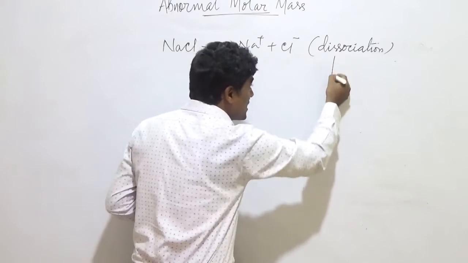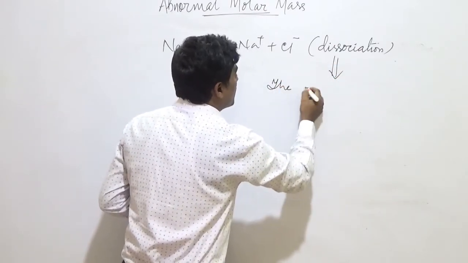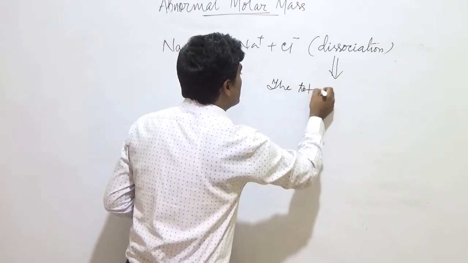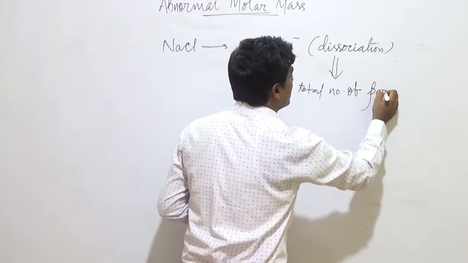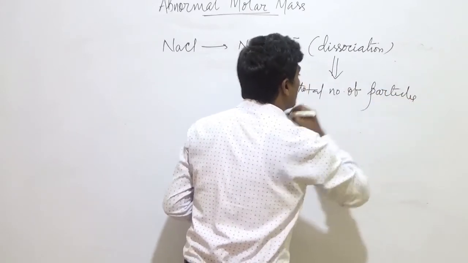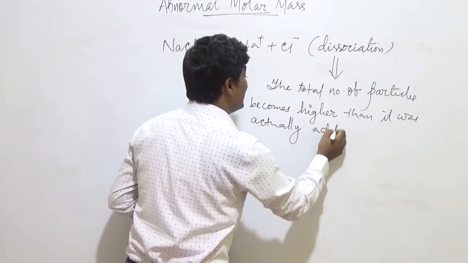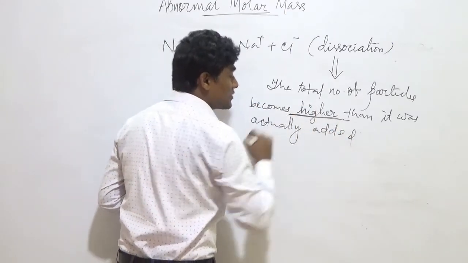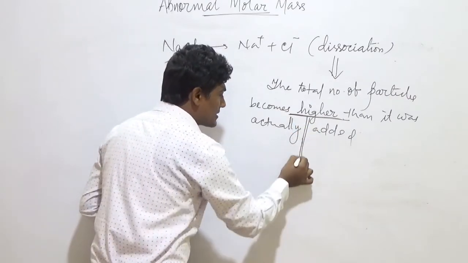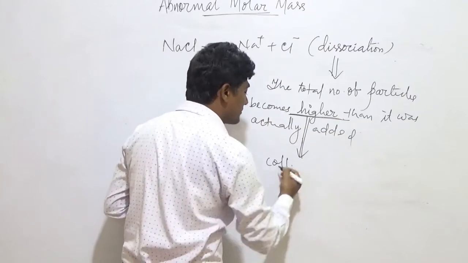And since there is dissociation, the total number of particles becomes higher. Since the number of particles becomes higher, the colligative properties will also be higher.